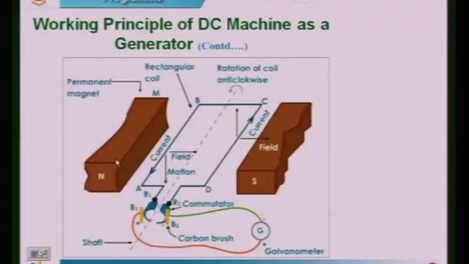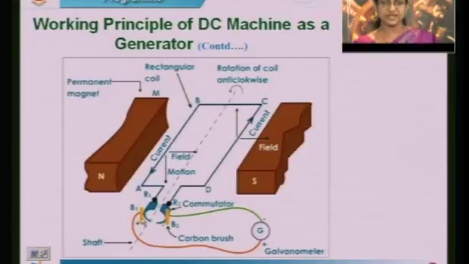When it is from 180 degree to 360 degree, the brush contact will come to R2. During 0 to 180 degree we consider it a positive polarity, and during 180 to 360 degree this terminal will again act like positive polarity. Always the position of brush B1 indicates positive polarity, and brush B2 indicates negative polarity.